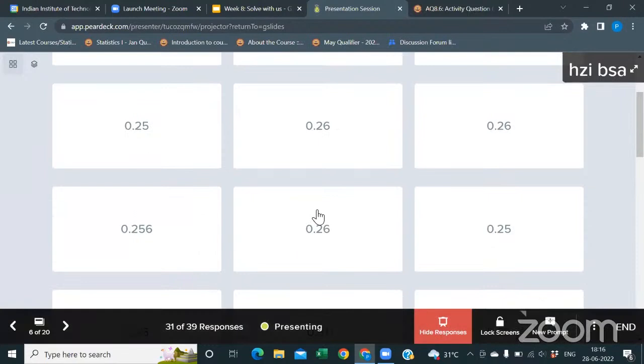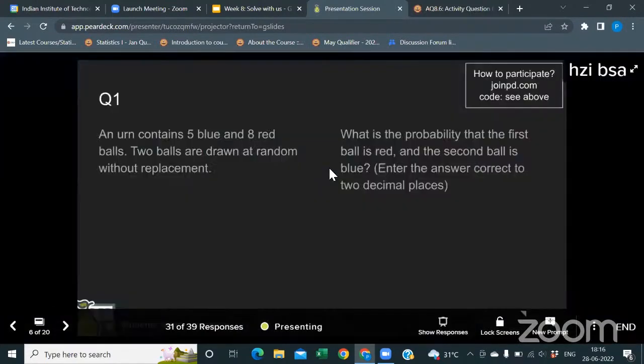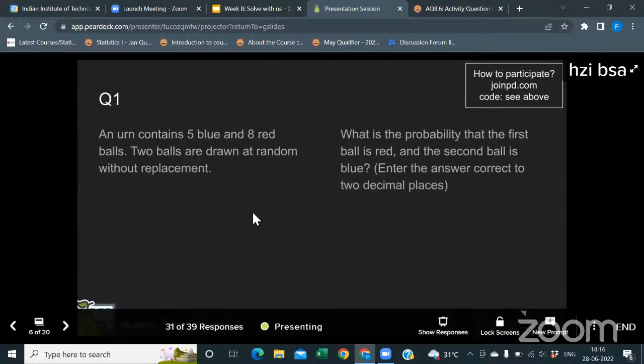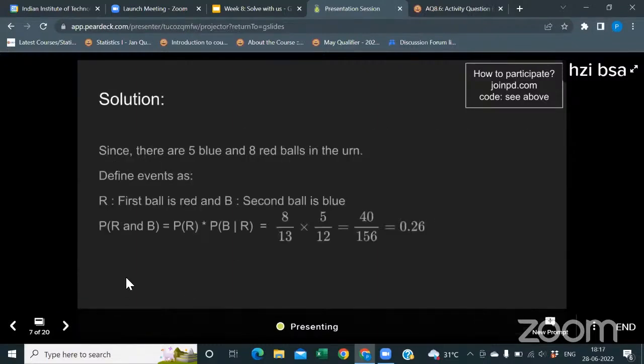Would any one of you like to tell what the correct answer for this one is? 8 by 13 into 5 by 12. 8 by 13 is the first probability of getting a red ball, and the second one is 5 by 12. So 8 by 13 into 5 by 12. Yes, that is the correct answer.